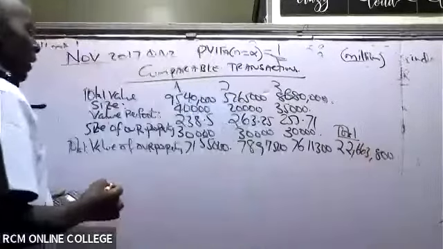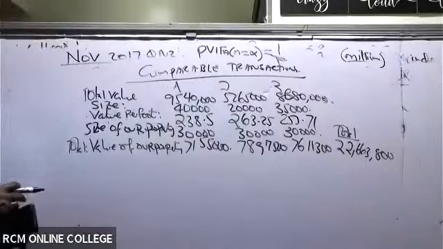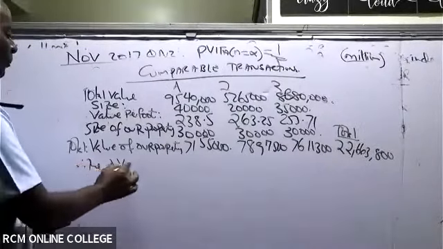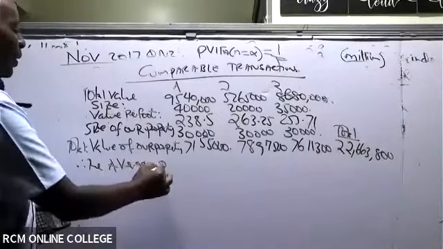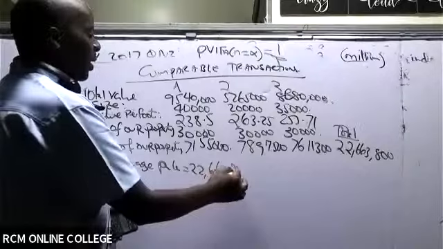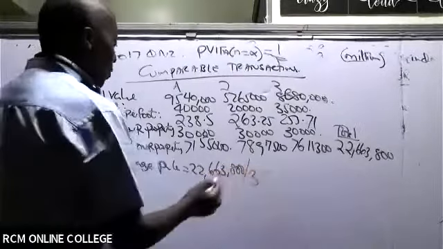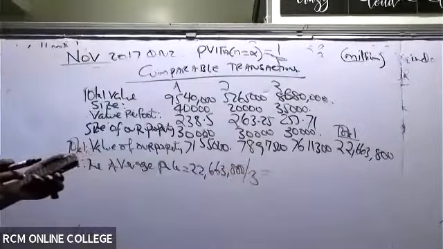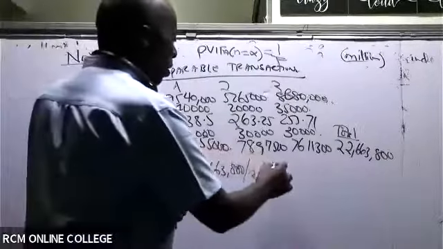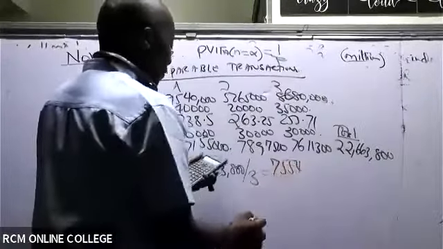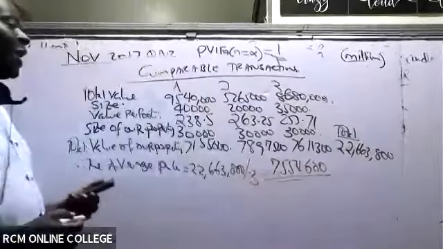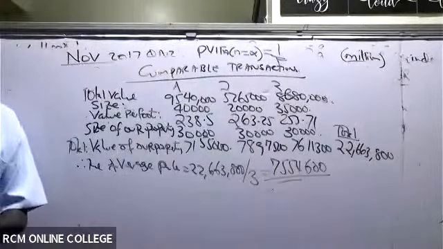And therefore the average price will be that 22,663,800 divided by 3 properties, which we have been able to compute, which gives us 7,554,600. So we value your property at that amount.